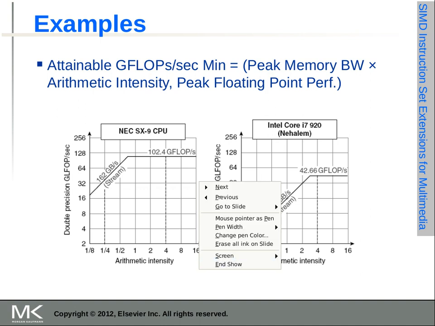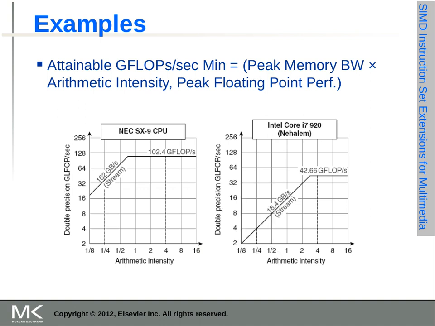Let's start with something easy. Once it flatlines right here, and it can't get past 102.4 gigaflops, what does that mean? Your memory sucks. Yeah, I think you got it backwards. Remember, memory is no longer an issue, because this is number of floating point instructions per byte.